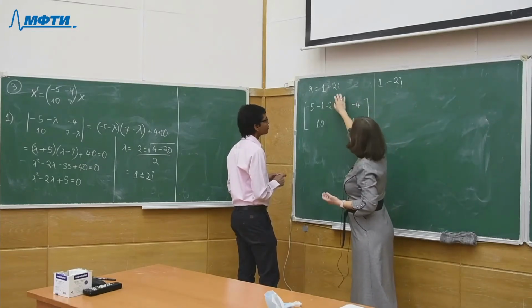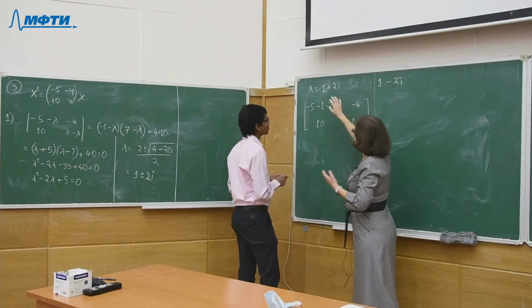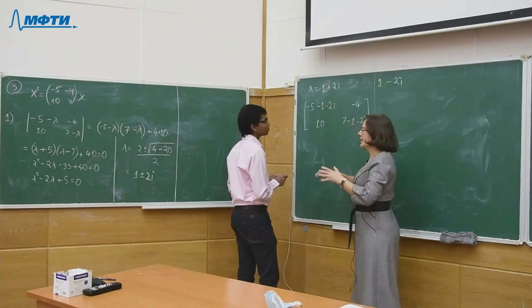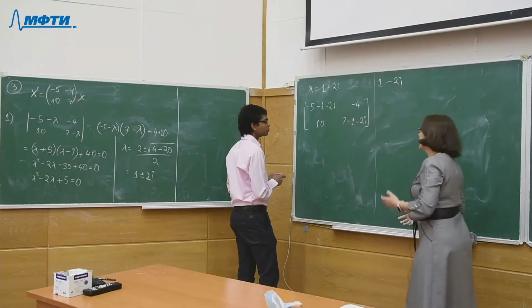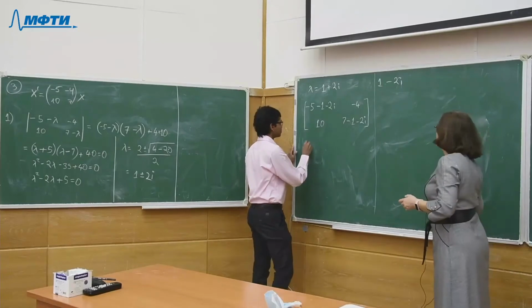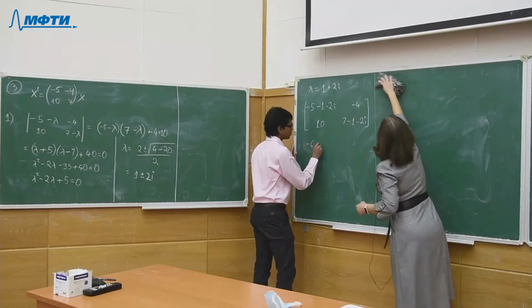You may take one eigenvalue, find an eigenvector, multiply them together, and take the real part and imaginary part. I will help you, but we need not do this.